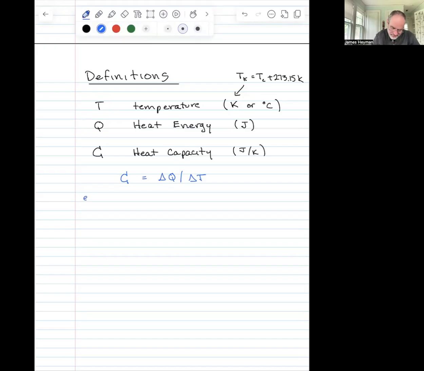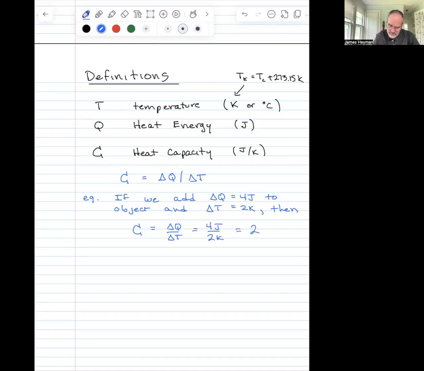So, for example, if we find that we must add, let's say, 4 joules to an object to get the temperature to change by 2 Kelvin, then you can see that the heat capacity of that object, delta Q over delta T, would be 4 joules over 2 Kelvin.